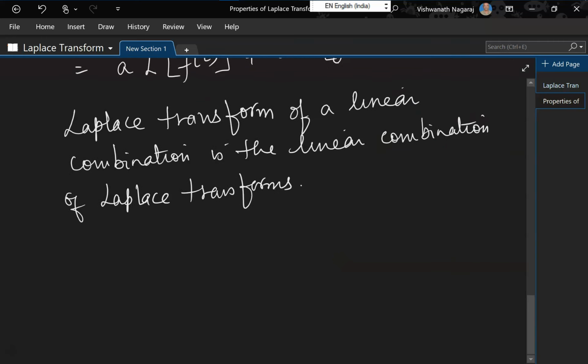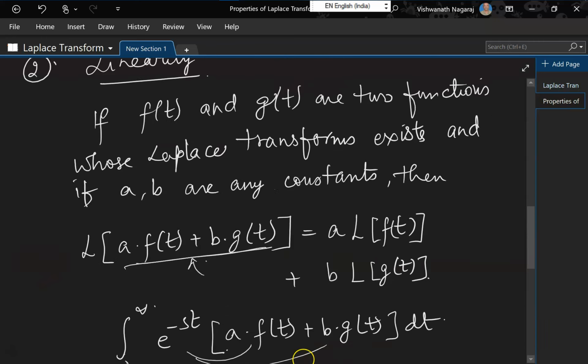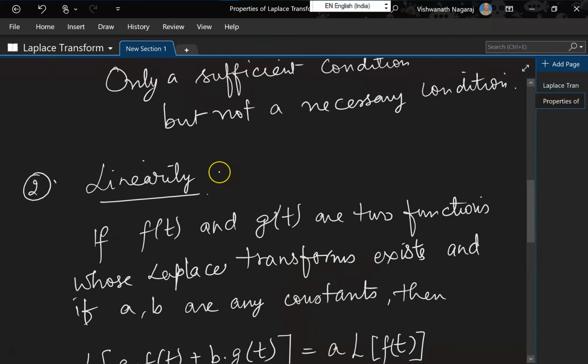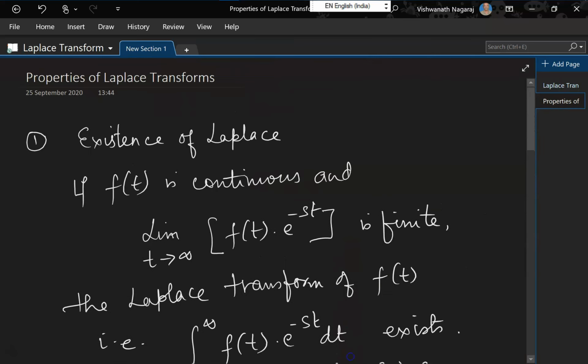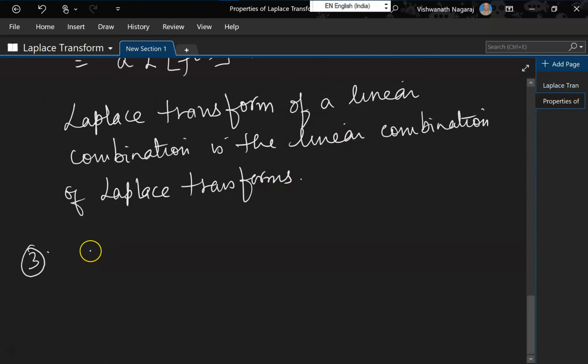Okay, now let's look at another property. This can also be written as the theorem of linearity. The earlier one can be written as the theorem of existence. Okay, now the third one is the first shifting property.